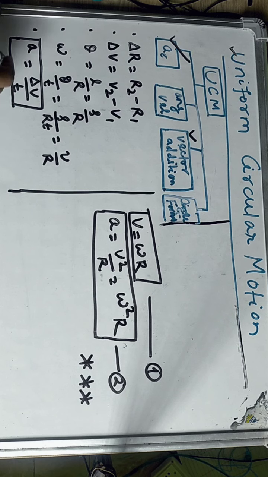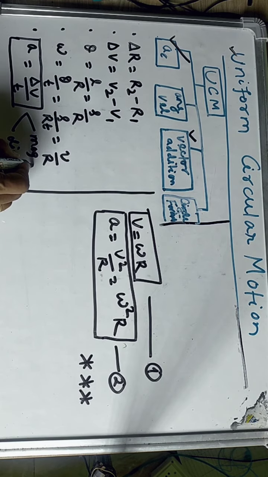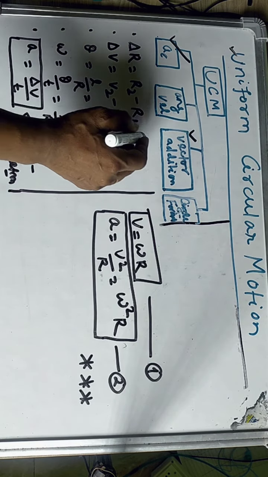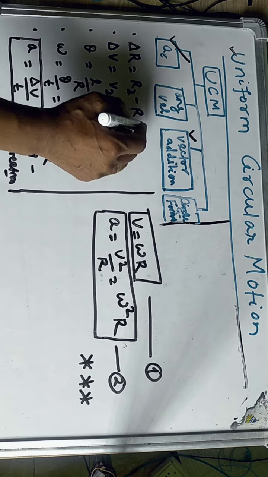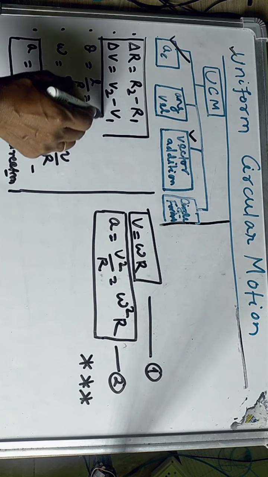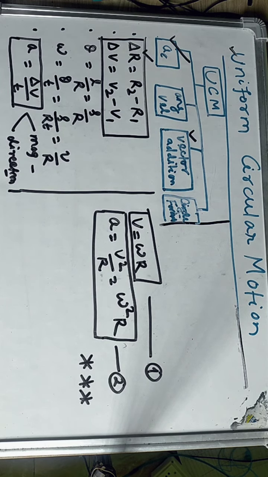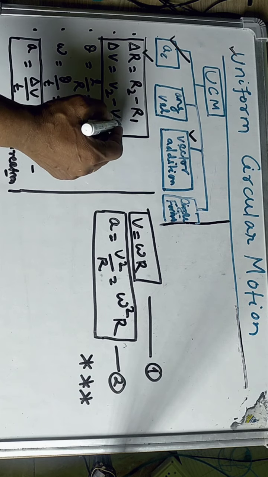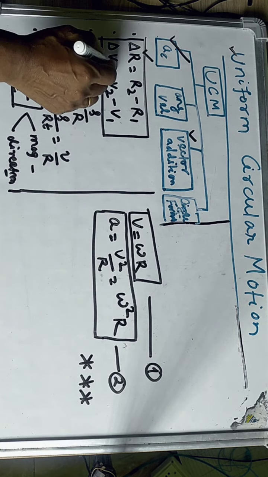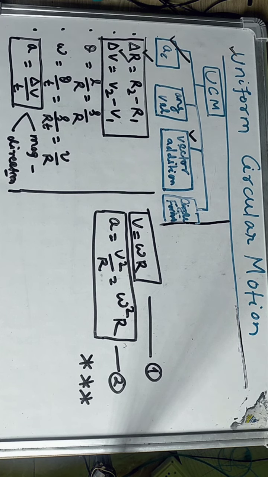Then to get this acceleration we have to find out its magnitude and its direction. To find magnitude, we have covered vector addition, where the position vectors r1 and r2 are added, and we found the resultant vector delta r. Vectors v1 and v2 are added, and we found the resultant vector delta v.